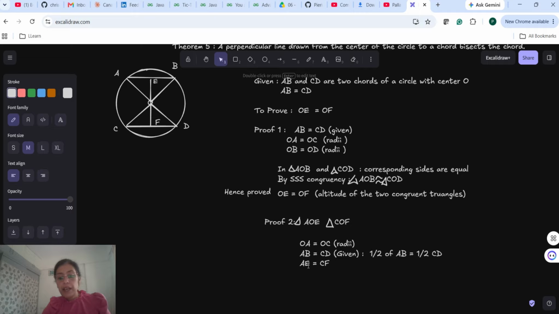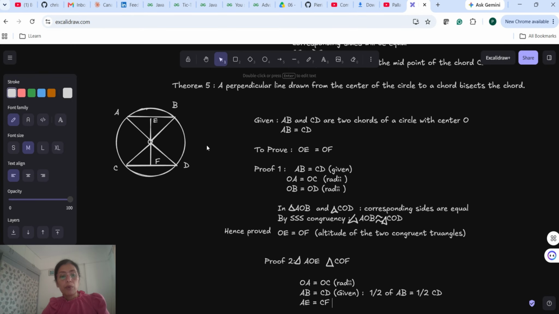AE is half of AB and CF is half of CD, right? So because these two chords are equal, and E and F are midpoints, then their halves are equal. Okay, here I missed telling one property here, right?